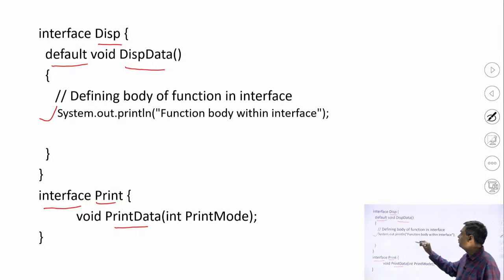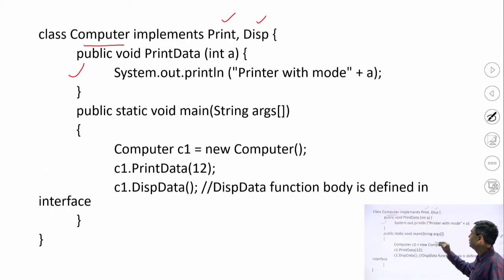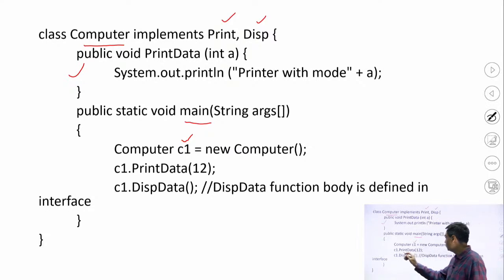So we have a main method, then we create the object C1 of type Computer, and we call these two methods. The first method is printData and the second method is diskData.